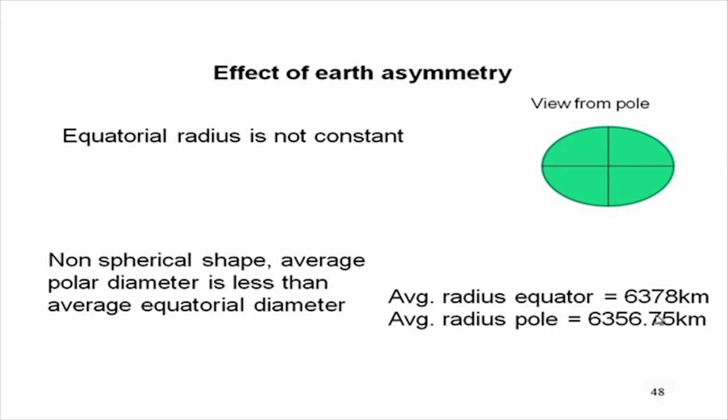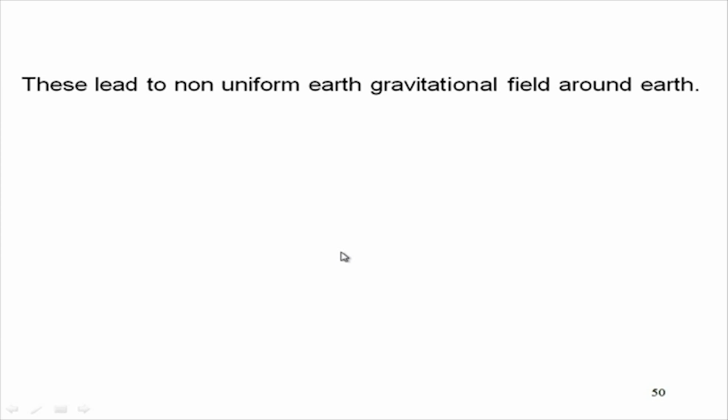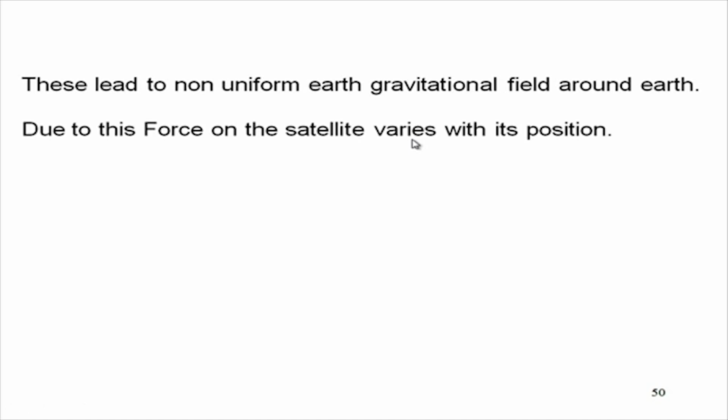It is different, that is what is important. Then Earth gravity at the equator is 9.78 meters per second square, at the pole it is 9.83 meters per second square, taken from some books, but it is non-uniform, that is important. So therefore, it leads to a non-uniform Earth gravitational field around the Earth, and due to this, the force on the satellite varies with its position.